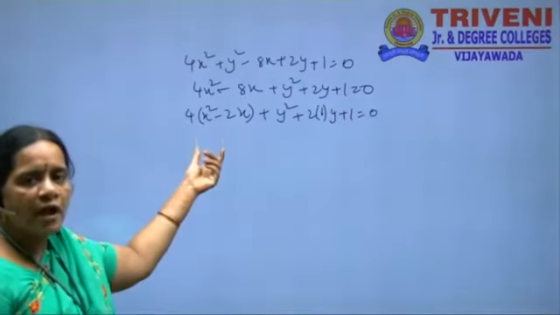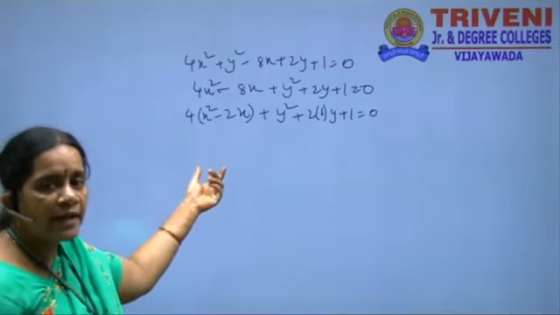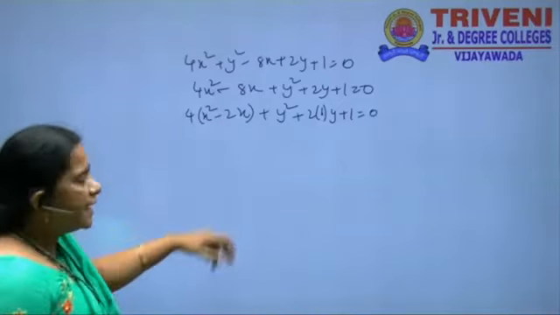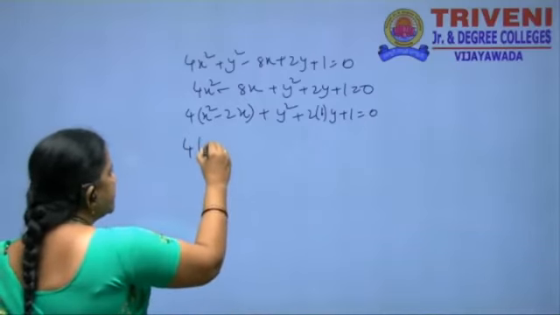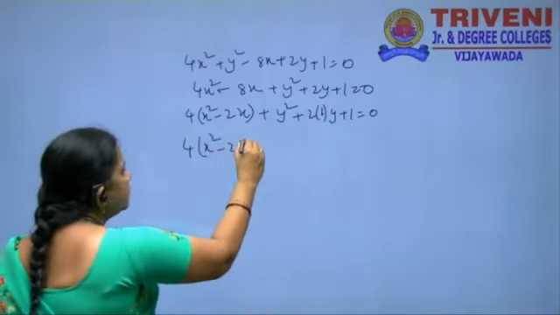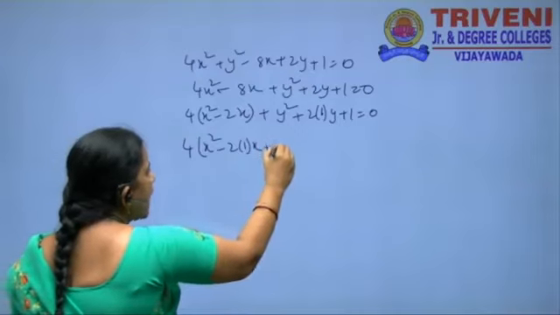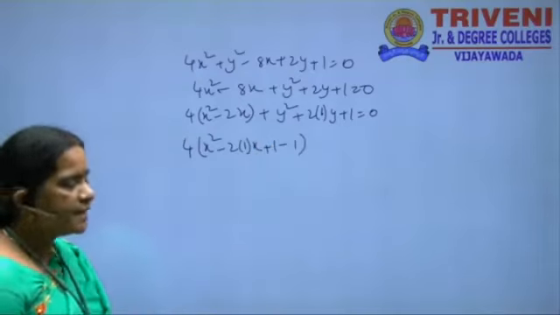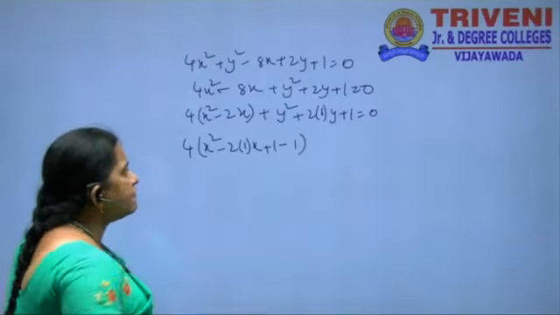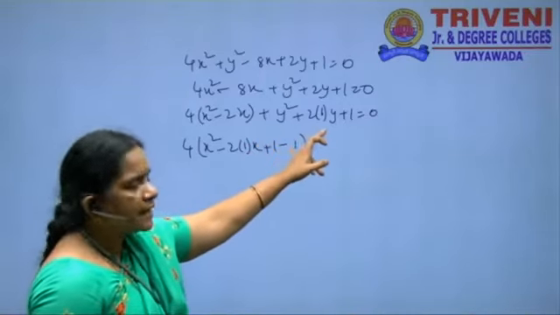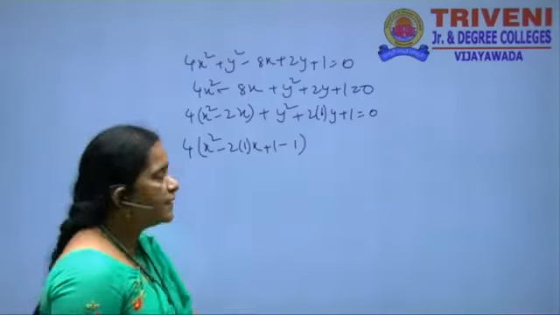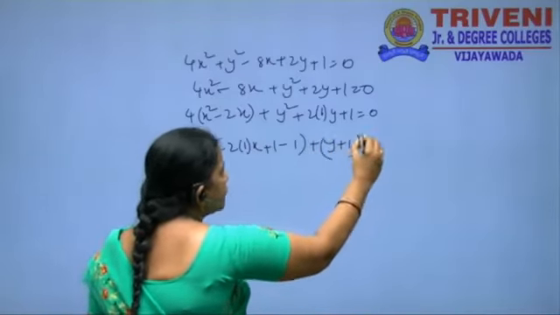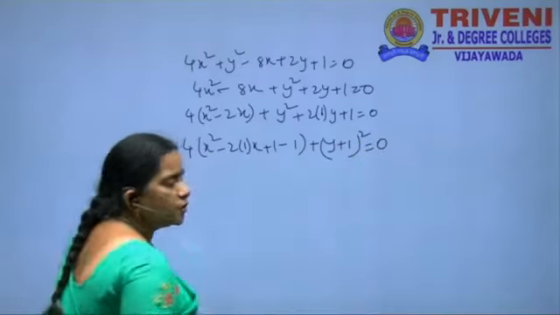This also we have to write in the form of x minus h whole square. Here the constant term is not there, so I am writing it like this: x square minus 2 into 1 into x. We have to add and subtract 1 here. And then the y terms are in the form of a square plus 2ab plus b square. This can be written as y plus 1 whole square is equal to 0.